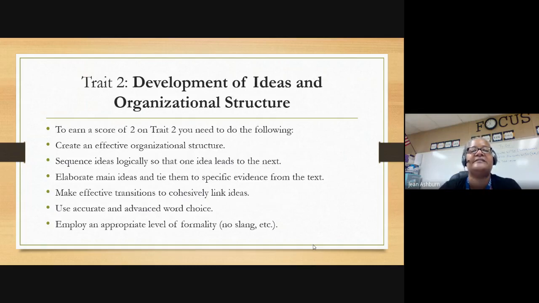The second trait is development of ideas and organizational structure. To earn a maximum score of 2 on trait 2, you need to be able to create an effective organizational structure, sequence ideas logically so that one idea leads to the next, elaborate main ideas and tie them to specific evidence from the text, and make effective transitions to cohesively link your ideas together.